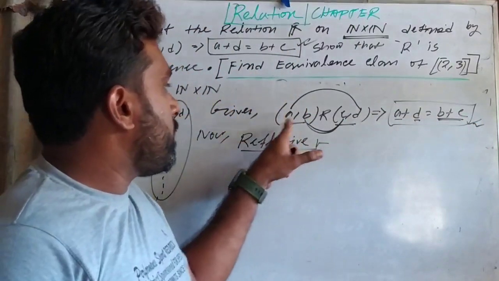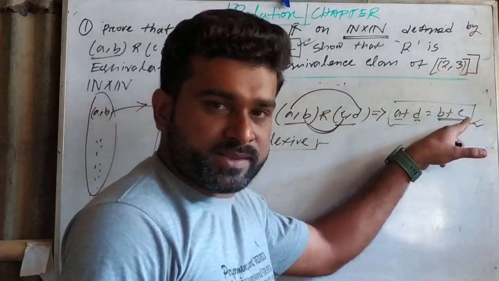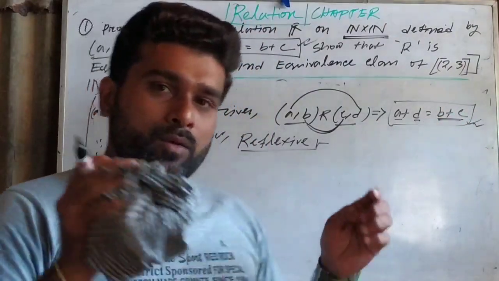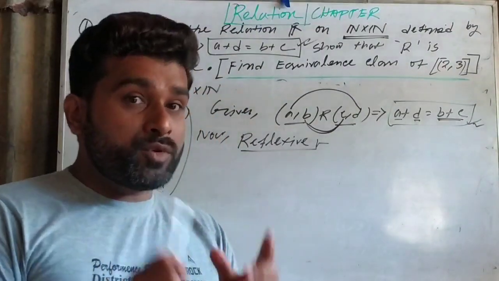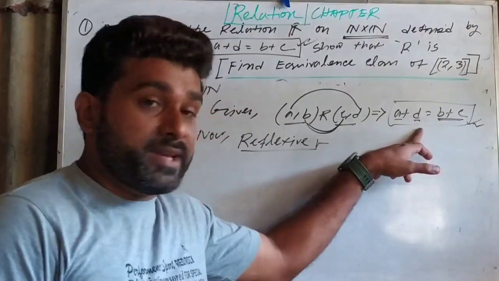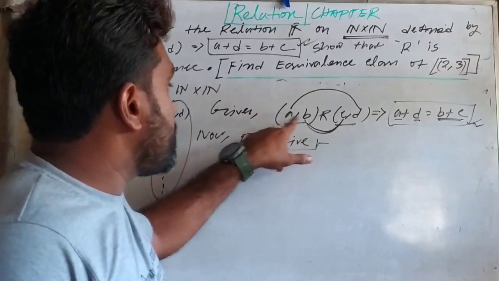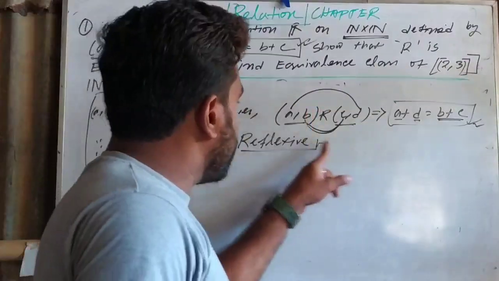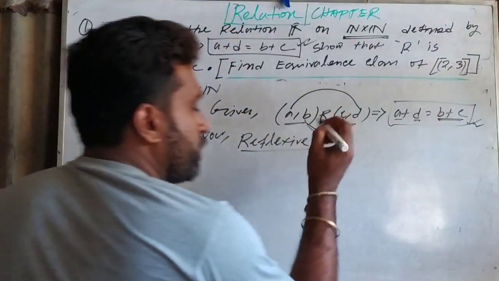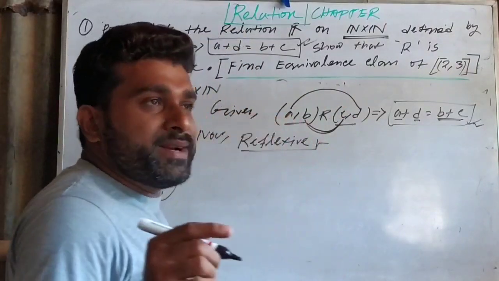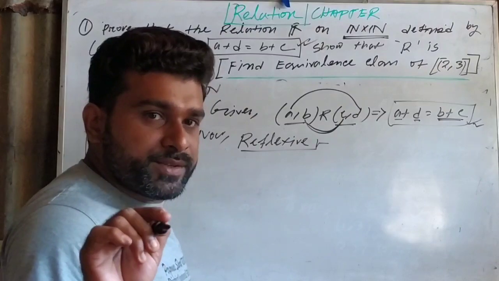That means a + d = b + c. So whenever you need to construct this given condition, you have to maintain this pattern: the first and last elements are added, and the middle two elements are added. So now, for the reflexive property, the two same elements need to be chosen.